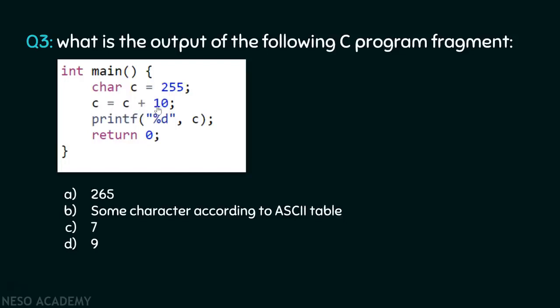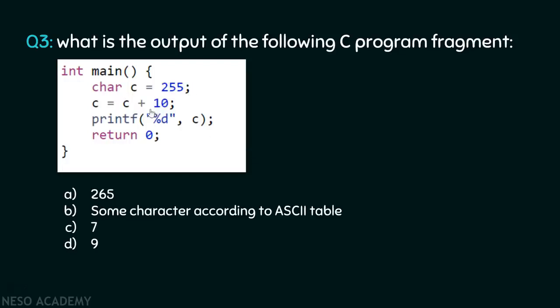then what would happen is that, as we know, all the data types like character, integer, float, long, double, they all obey the laws of arithmetic modulo 2 raised to the power n, where n is equal to 8 in this case. As the character data type is 8 bits long, therefore n is equal to 8.